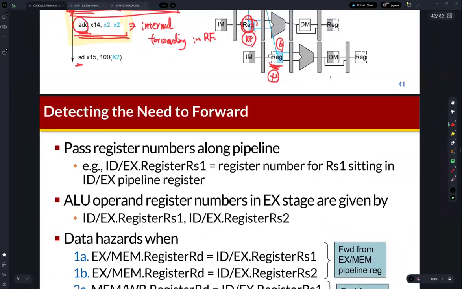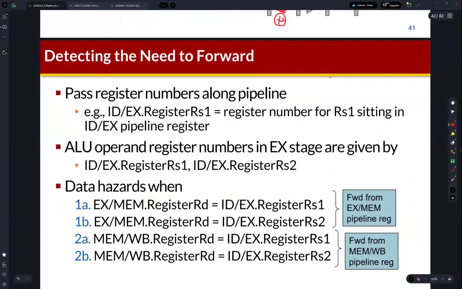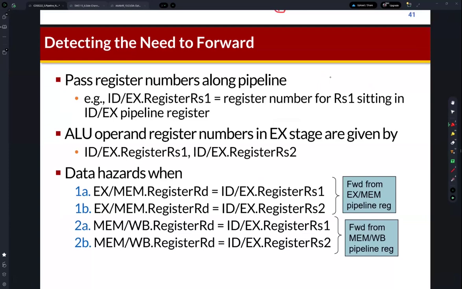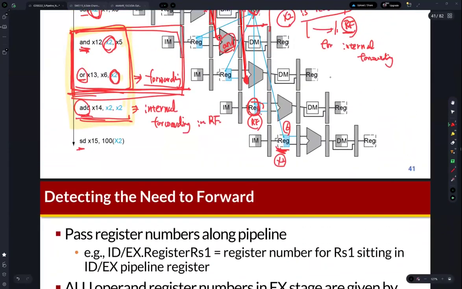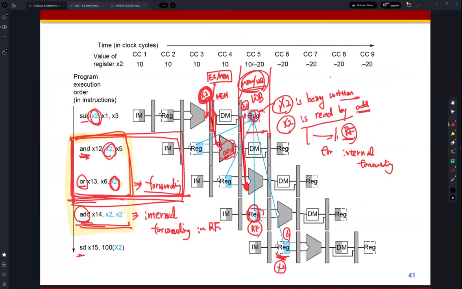Then how can we implement the data forwarding logic? How can you check the data forwarding? In this example, we can just check the RD of the former instruction and RS1 or RS2, which are the source registers of the following instructions.